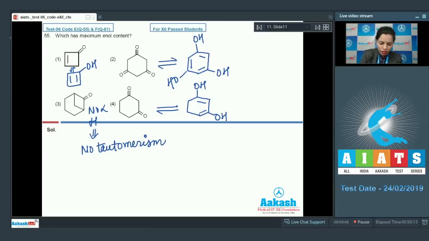If you look at the enolic form of the second compound, this is aromatic, and due to its aromatic character it is more stable in enolic form. While if I talk about this fourth option, this is a compound which is non-aromatic because it is not following the 4n plus 2 pi electron rule.